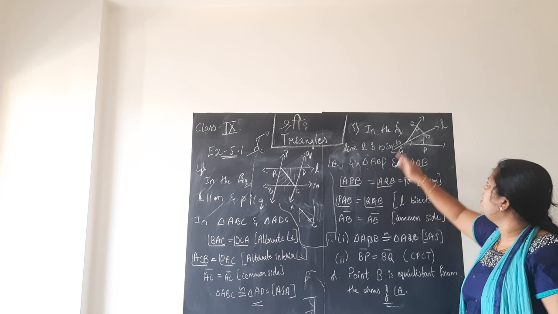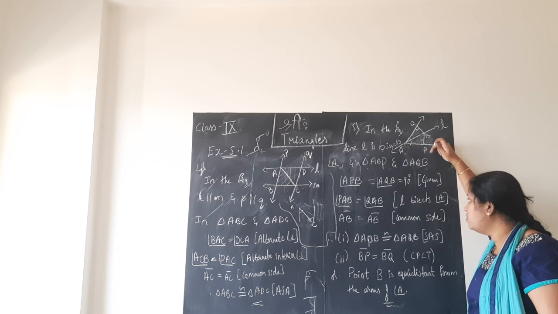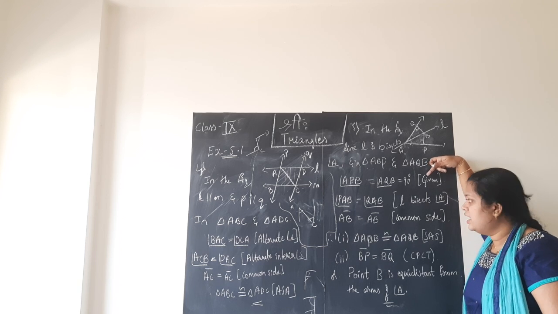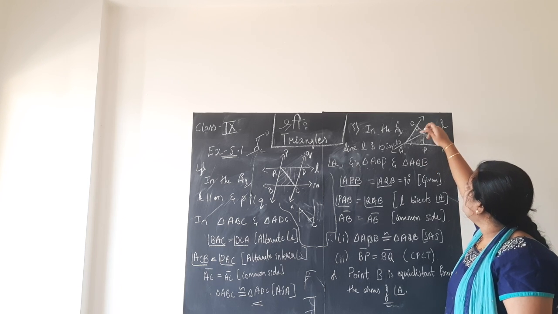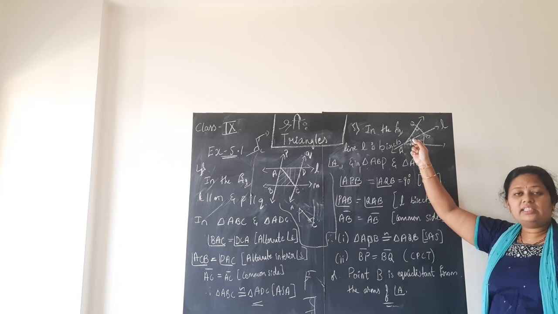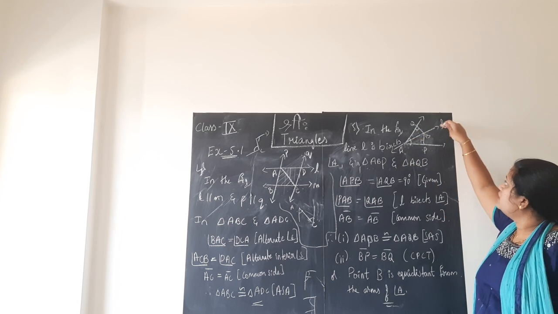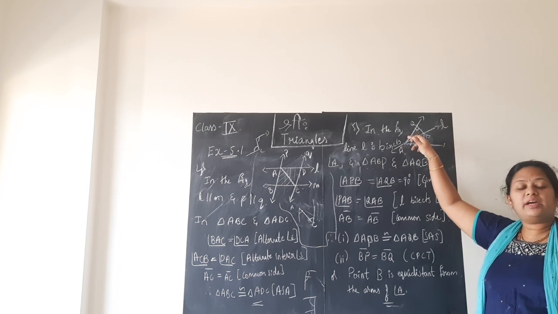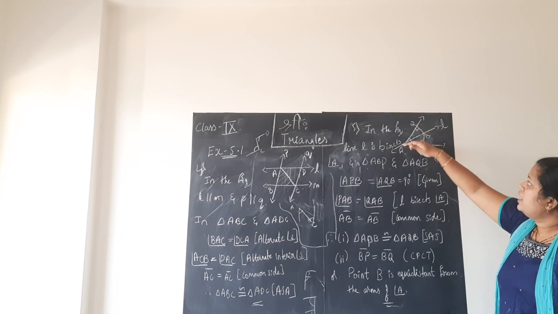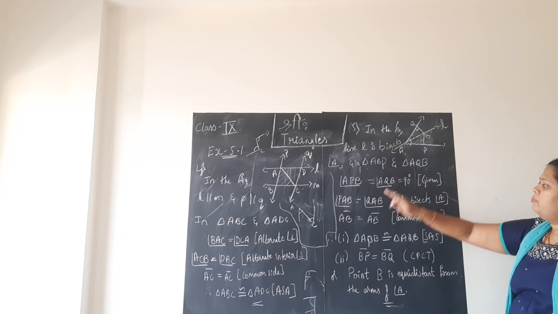Why children? P and Q are right angles. They are equal to 90 degrees. So they are equal and it is given data as well. Similarly, angle A is common to both the triangles, and we know that line L is bisecting angle A, so angle BAQ is also equal to angle PAB.